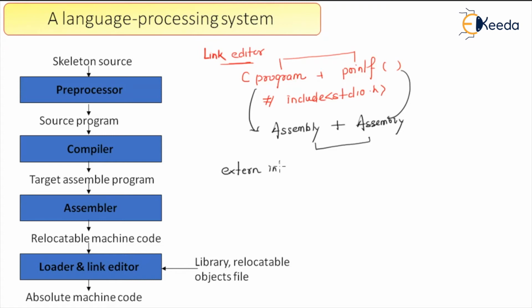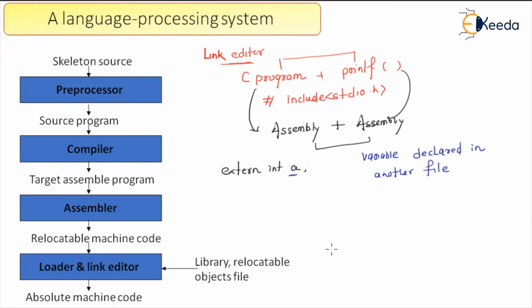Another example, then I'll write the simple definition: we are using the keyword extern int a. When you use the keyword extern int a, we can have a variable declared in another file, and we are having external references to it.